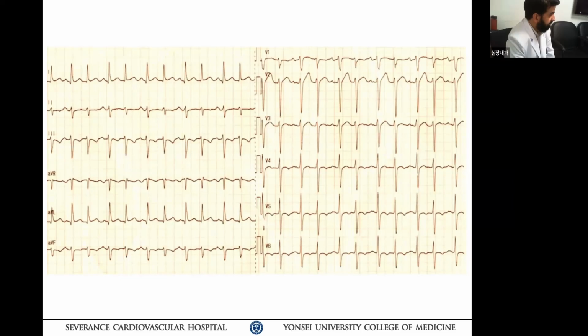Why left side? Because of the negative deep S wave. Which lead? On V1 and V2.